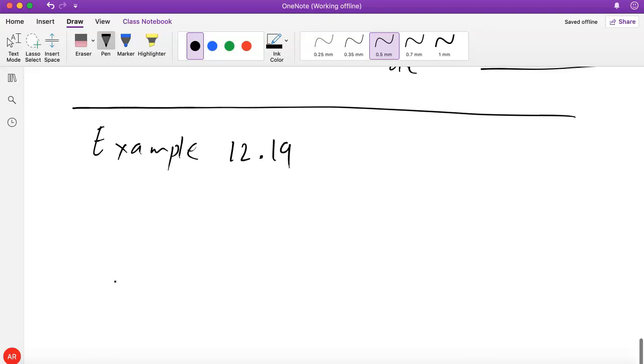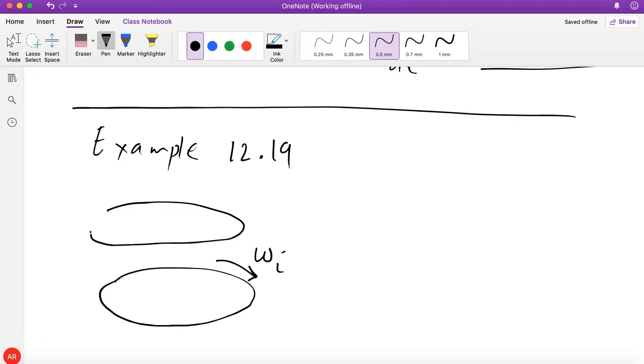We have this disk that's rotating with some angular velocity, let's say omega initial. And then we have this ring up here that just drops on top of it, right?